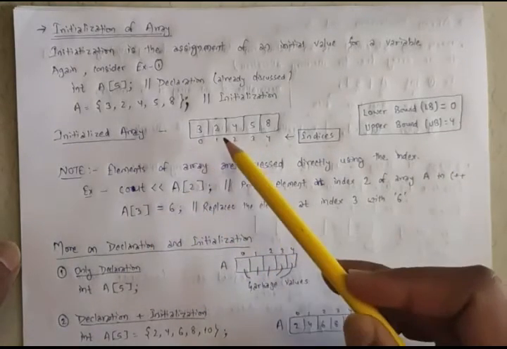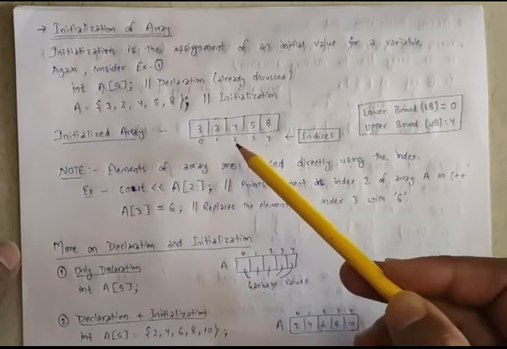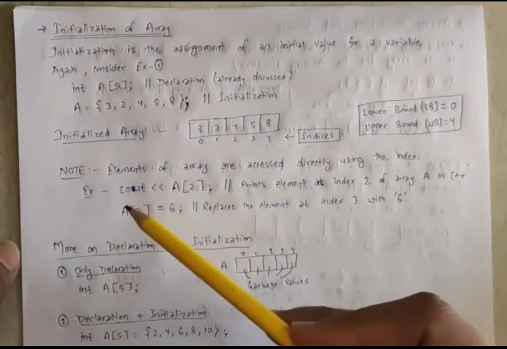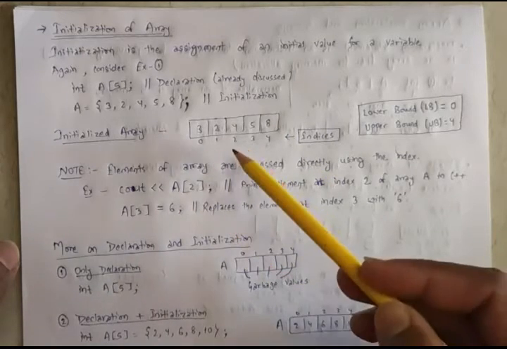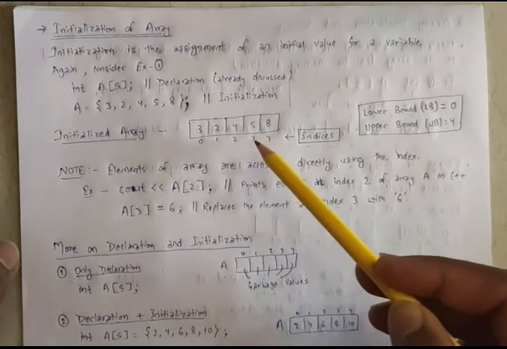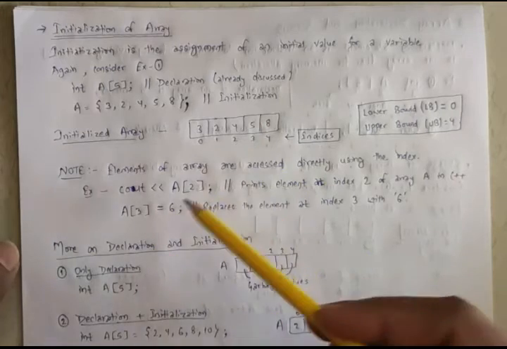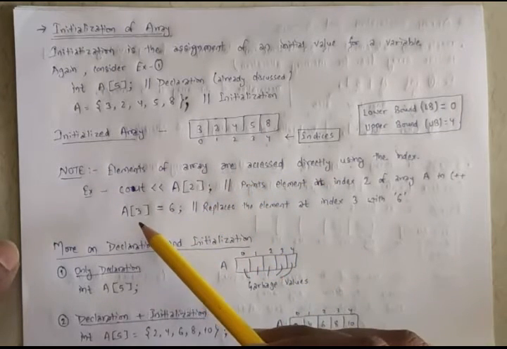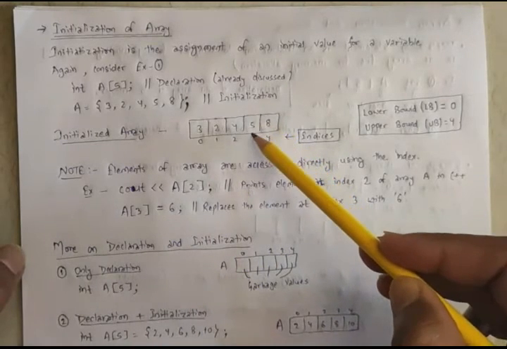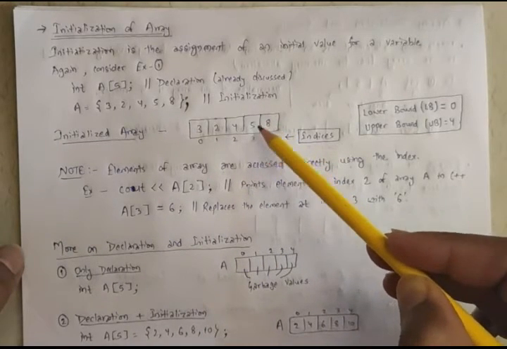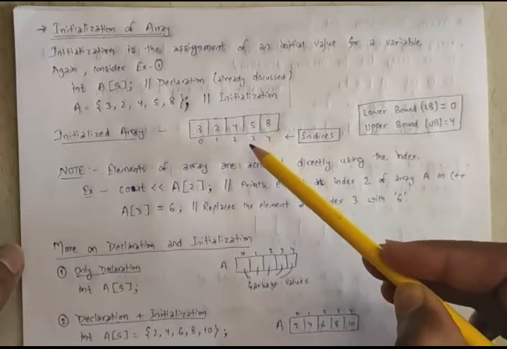The second example of accessing an element is replacing the element. Let's suppose we want to replace this element 5 which is at index 3.